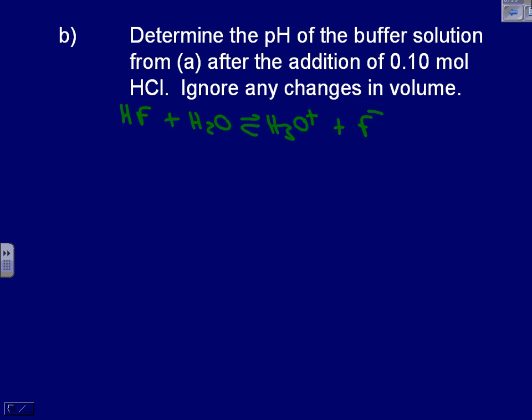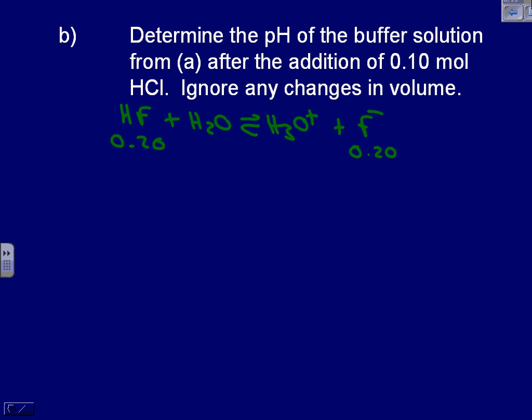Let's write down what our buffer contained before we stressed it. 0.20 mole per liter, and it came from 0.20 moles in 1 liter, and 0.20 moles of the base. And now I'm going to add some acid, some strong acid.